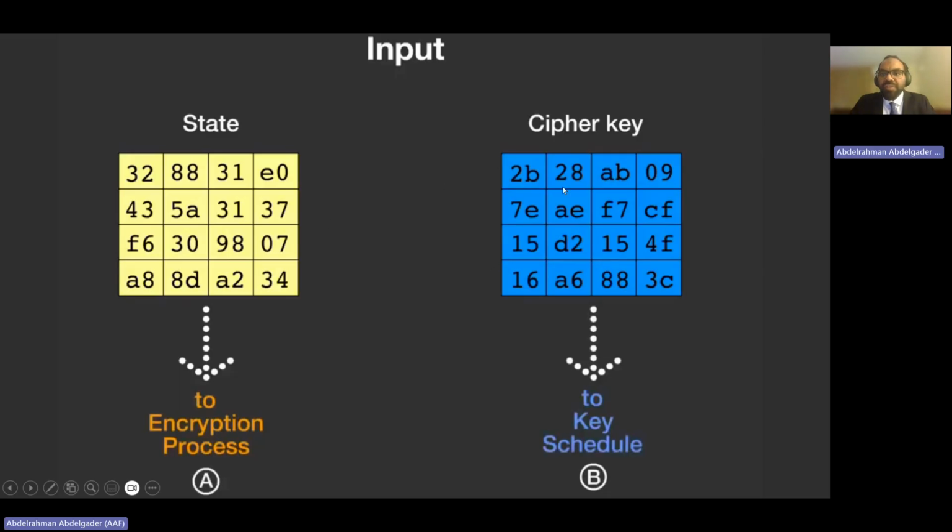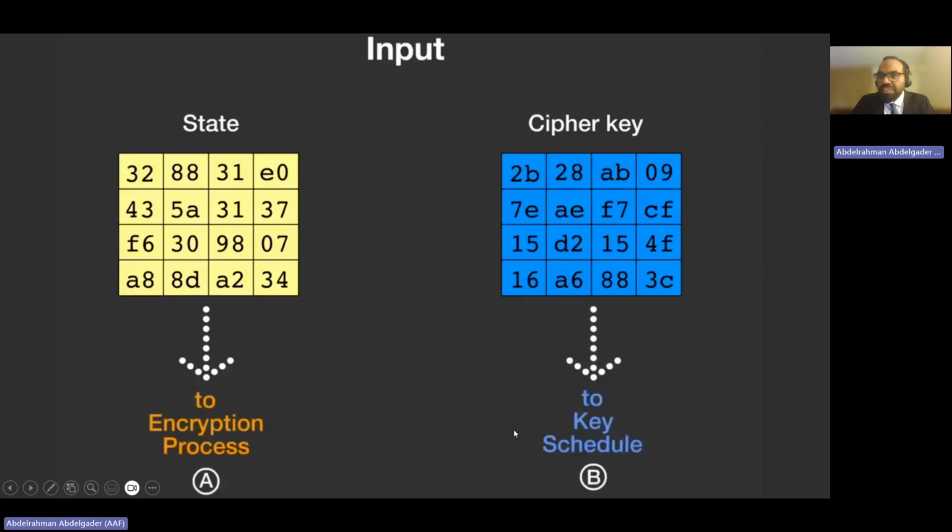Also, we are going to have an encryption key. The encryption key can be 16 bytes, 24 bytes, or 32 bytes. But for this demonstration, we will assume that the encryption key is 128 bits, which is equivalent to 16 bytes. Those 16 bytes will be passed to what we call a key schedule.